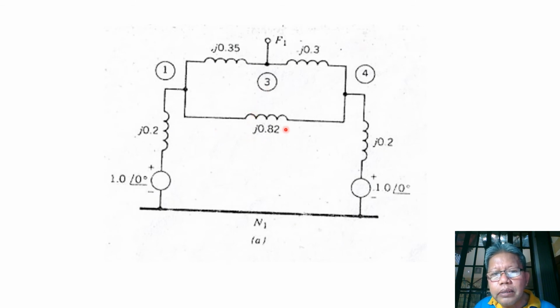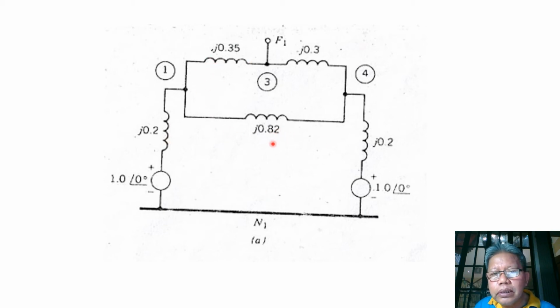At the bottom here, we have the total of j0.82, and here at the left side, we have the sum of the transformer and transmission line, so we have j0.35, and this is for transformer 2. Then we still have this for generator 1, and this is for generator 2. So this is now looking simpler, because we have combined the impedances here and also at this side.